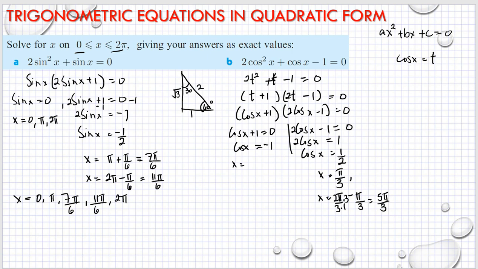So cosine x is equal to negative 1, then x is equal to pi. So if we write all our x now, we have pi over 3, pi, and 5 pi over 3.